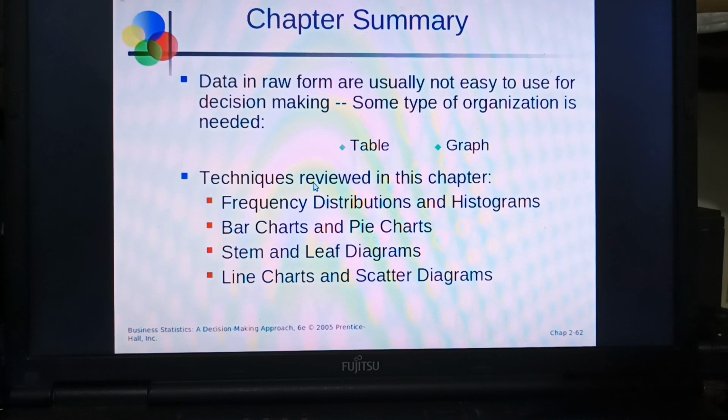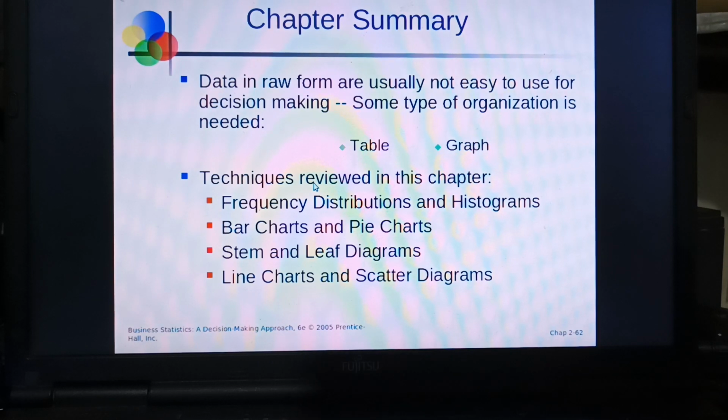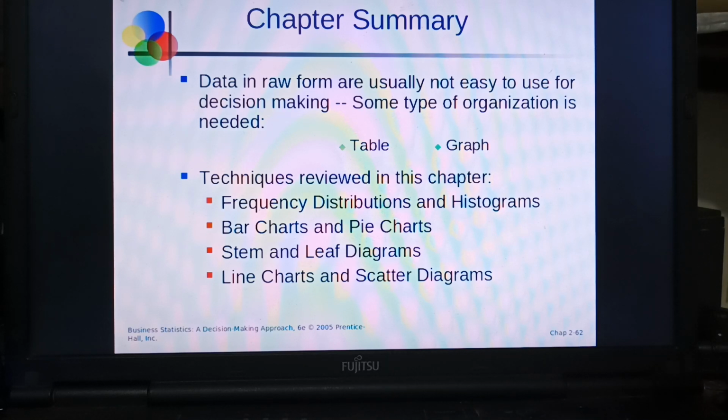Now we have reached near the end of the chapter. Data in raw form, unprocessed, usually unsorted, are usually not easy to use for decision making. It's hard to make a decision if the data is unprocessed, if it is raw.